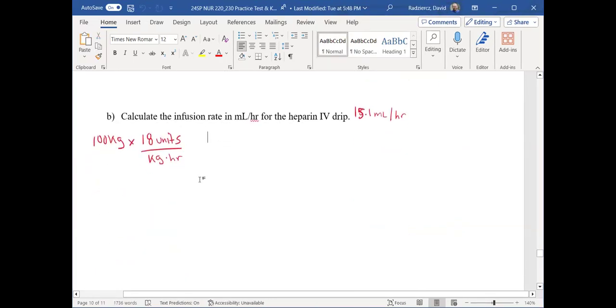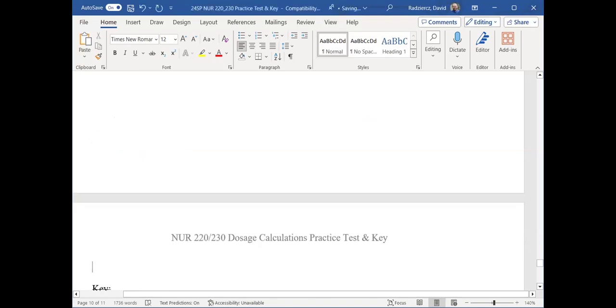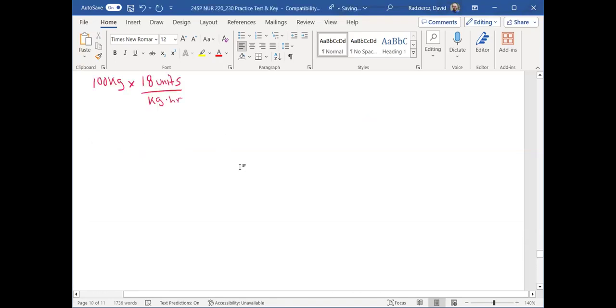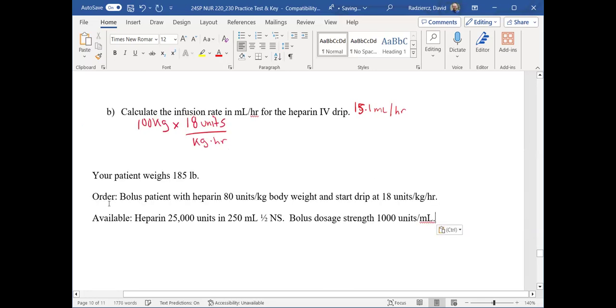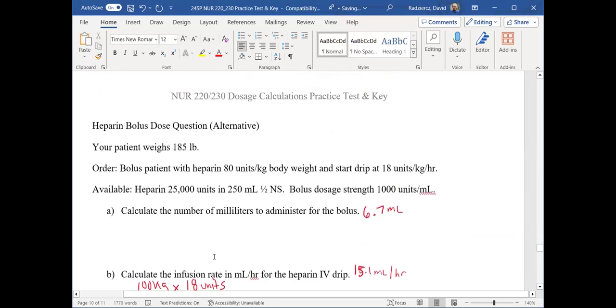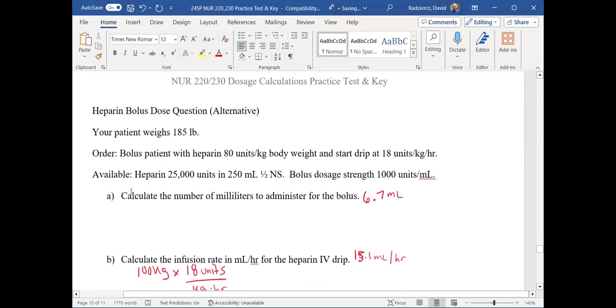So I'll give you all the details here. Hold on, I'm going to change the patient's weight, so don't answer just yet.